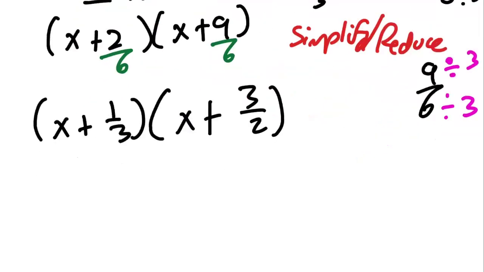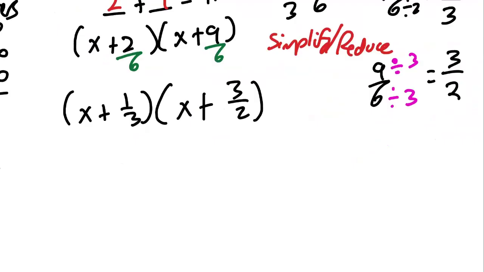Okay, what is my last and final step? Multiply what? Very good. To the leading term in each of the binomials. So take this 3 and you're going to multiply it. You're going to take this 2 and you're going to multiply by the x. So multiply.